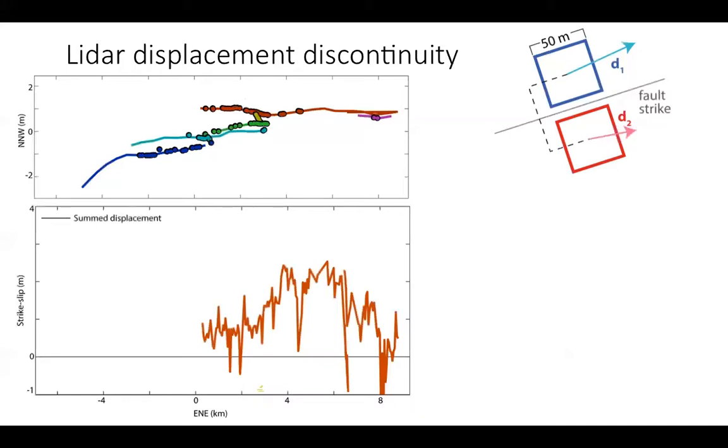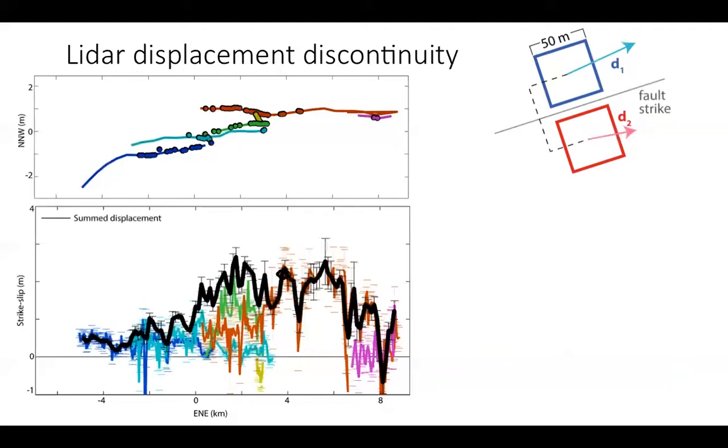The results for this red fault are shown here. There is some scatter, so we see about 2 meters of slip for this red fault. Now I'm going to show what the analysis for all the faults look like. So it looks quite complicated, but then the summary here is black, which is the sum slip.